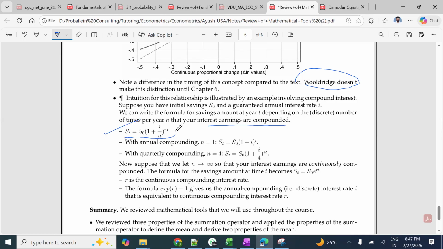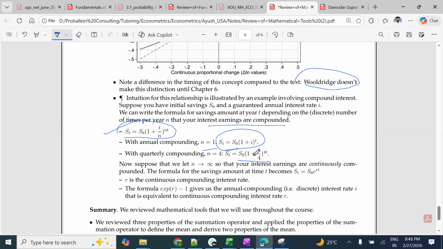So this will be our formula: ST equals S0 into (1 plus I divided by N) to the power N into T. With annual compounding, N equals 1, so ST equals S0 into (1 plus I) to the power T. With quarterly compounding, it will be S0 into (1 plus I divided by 4) to the power 4T.